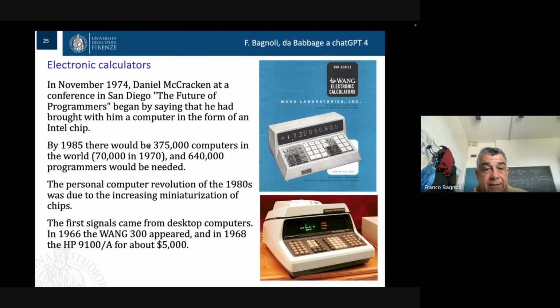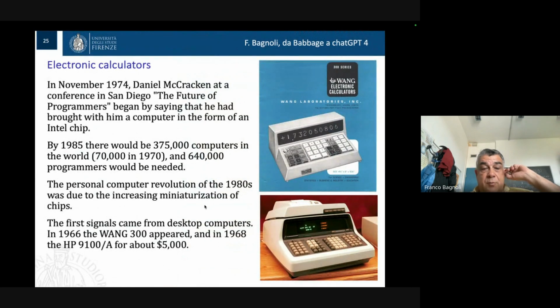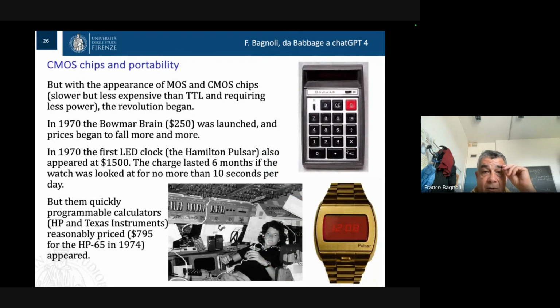You can see that it was not so cheap to have a home calculator that could do a few operations and not much more. A home calculator cost about $5,000. But the big revolution was the CMOS technology instead of bipolar transistors.